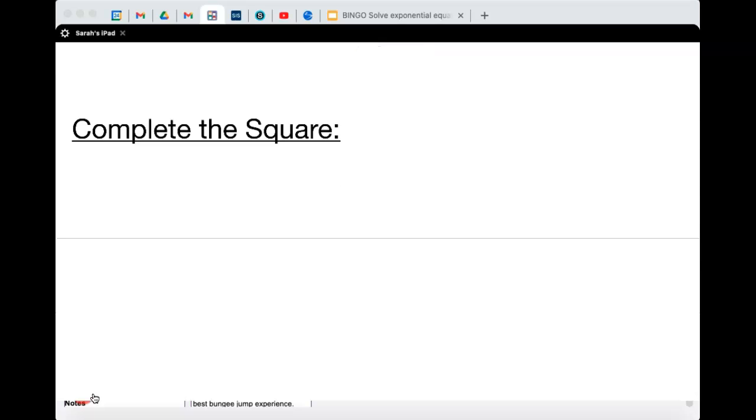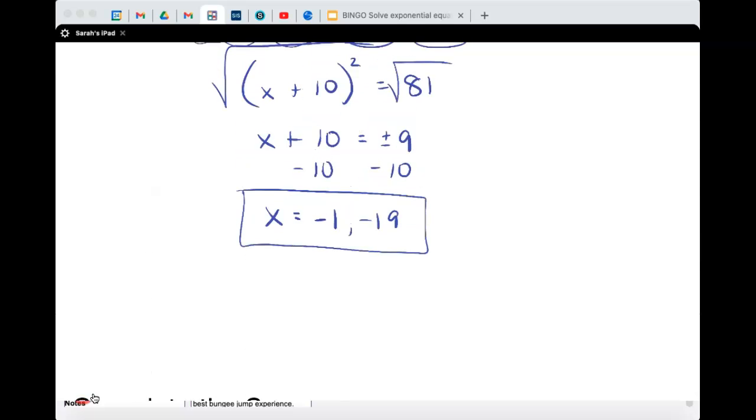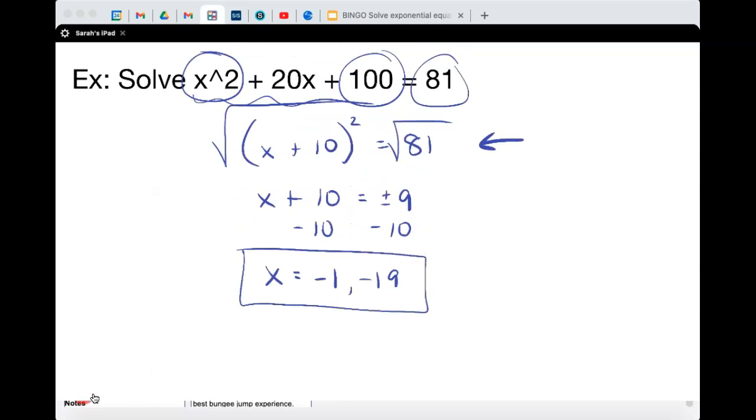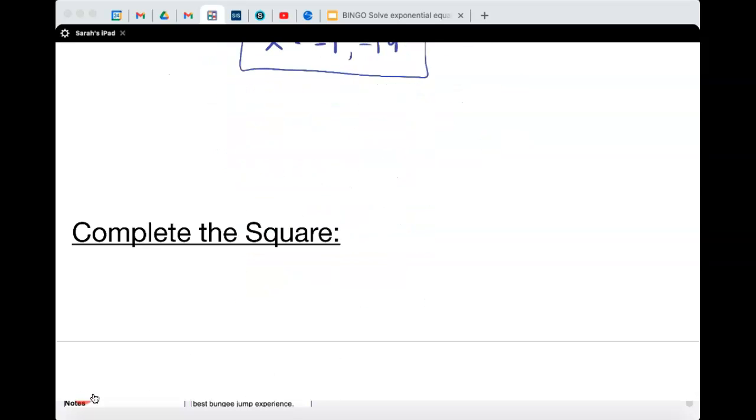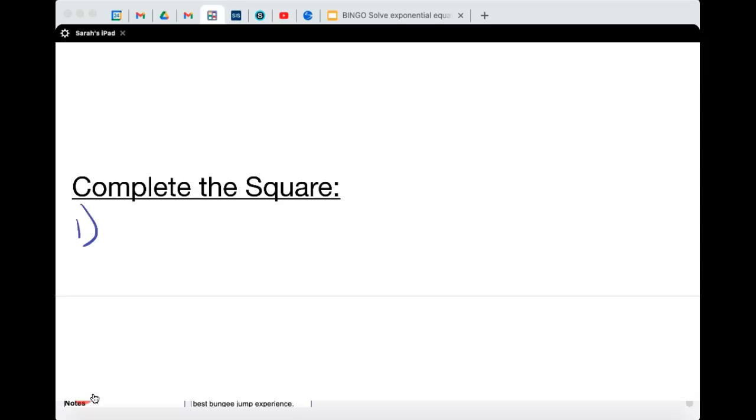Okay, completing the square. For completing the square, our goal is to get something like that, some quantity to the second power. That's our goal to complete the square. So step number 1: we are going to get the x's on the left side and have a constant on the right side.